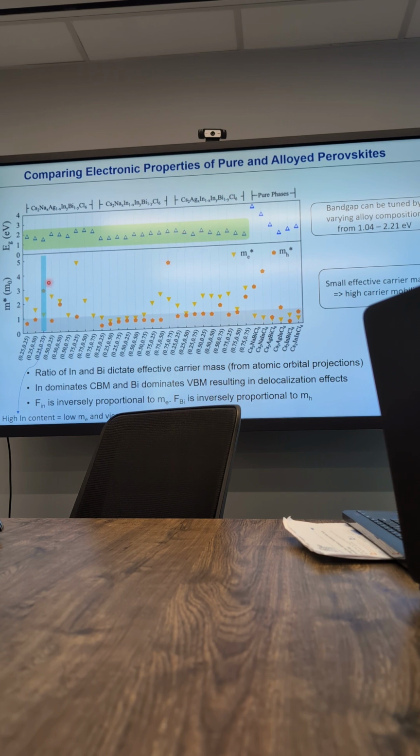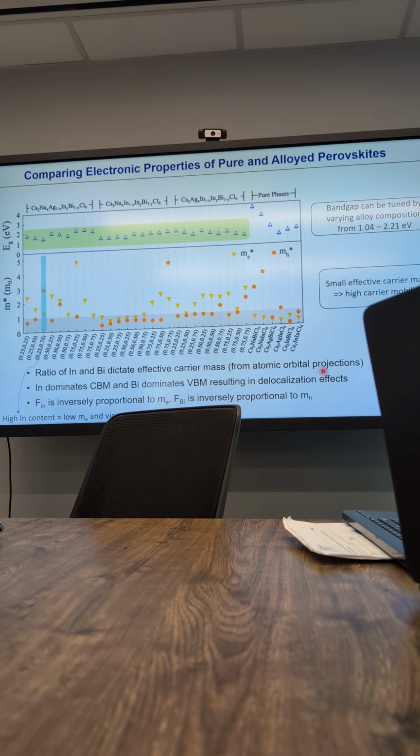And in these systems, what they mainly realized was that the ratio of indium and bismuth dictates the effective carrier mass, from atomic orbital projection.